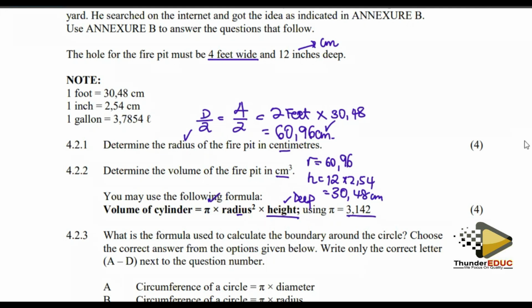So now the formula says volume equals pi r squared h. Our h is now represented by d, which is the depth. Substitute: 3,142 times 60,96, don't forget squared, times 30,48.